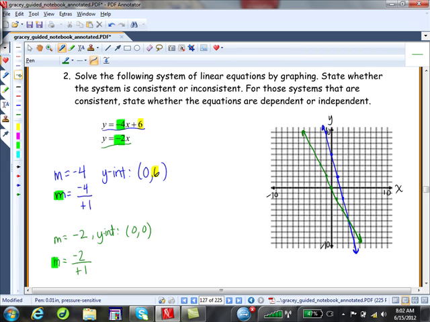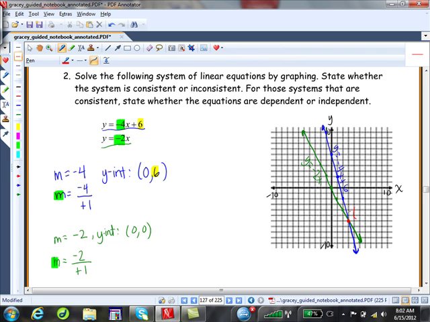So the name of this graph is y equals -2x, and the name of the blue one was y equals -4x plus 6. And our intersection point is here. And what is the intersection point?